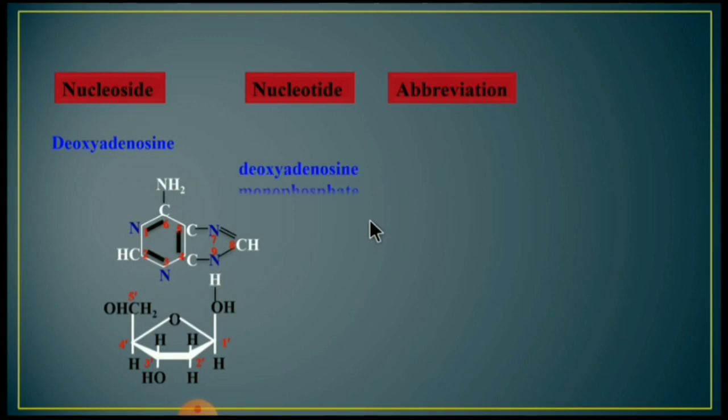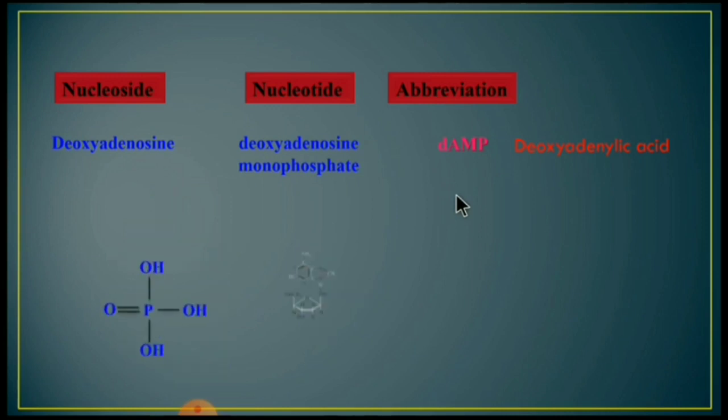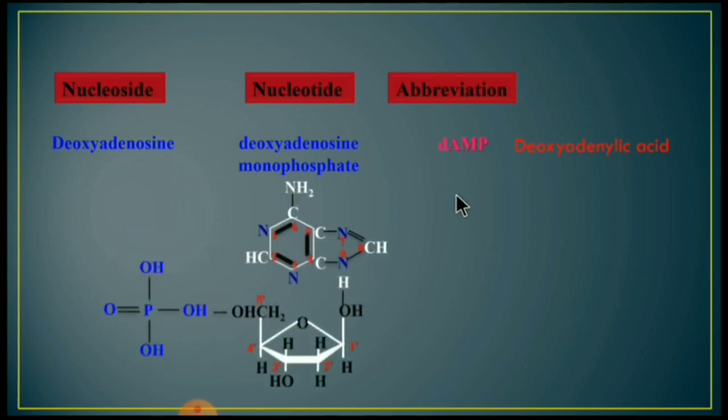Deoxyadenosine combines with a phosphate group, monophosphate, to form deoxyadenosine monophosphate. It is a nucleotide, so DAMP, or it is called deoxyadenylic acid. This is the first nucleotide.